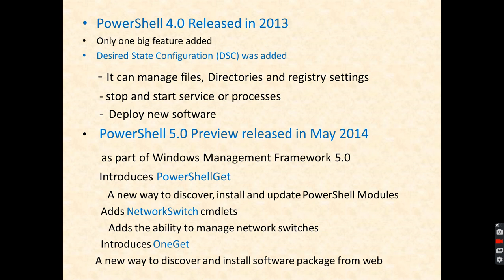Only one big feature was added, Desired State Configuration, DSC. It can manage files and directories and registry settings, you can start services or processes, and deploy new software. This was added in 4.0.